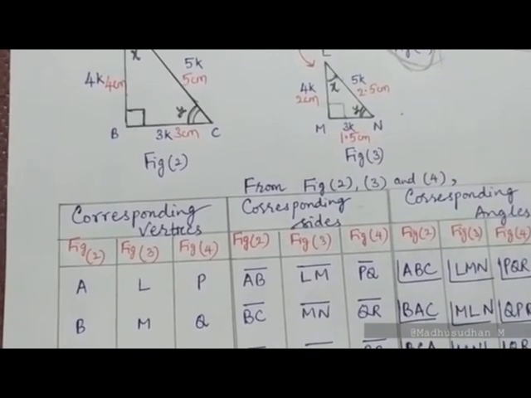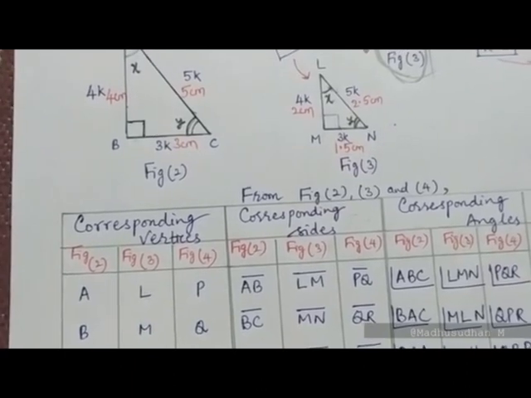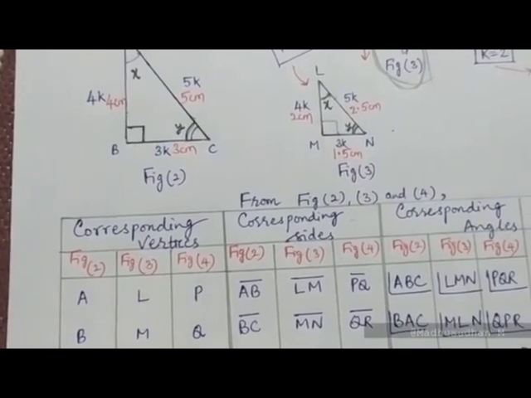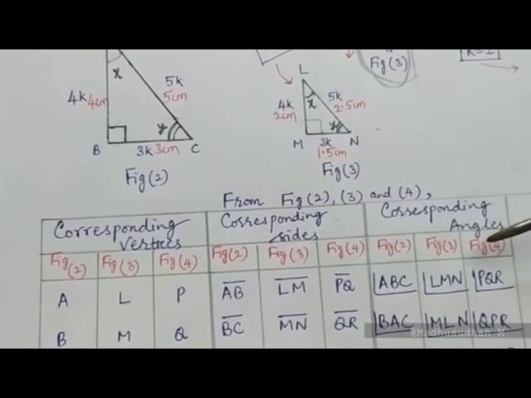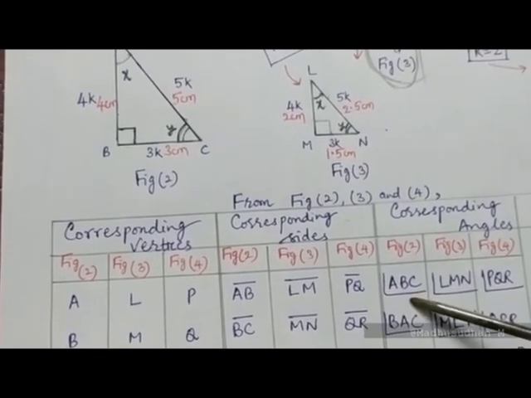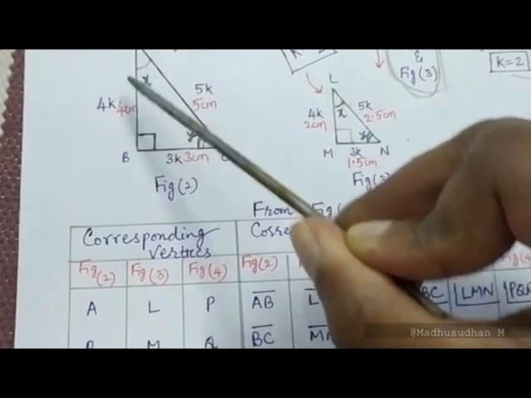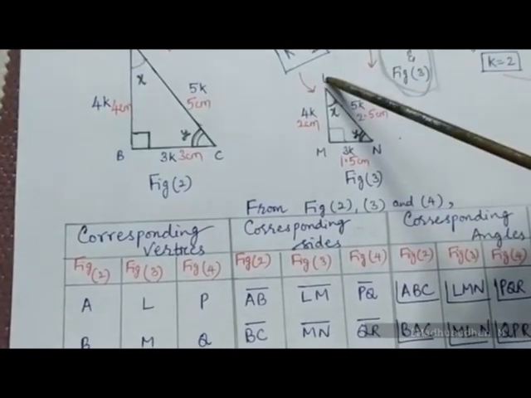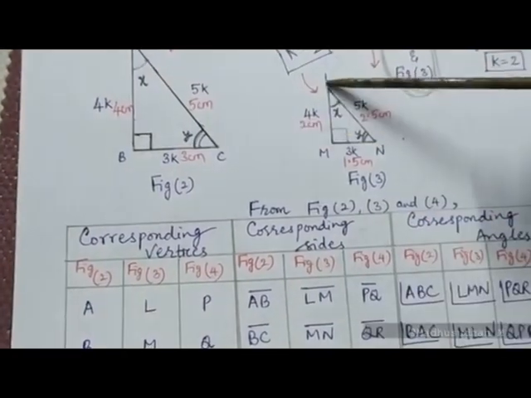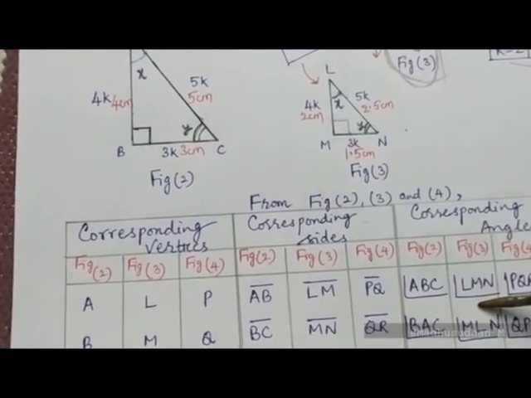So when we observe figure 2 and figure 3, the columns here, we can find that those respective sides are corresponding to each other. In the same way, the corresponding angles from figure 2 and figure 3: angle ABC, which is exactly equal to 90 degrees in figure 2, from A to B, from B to C, corresponds to L to M, from M to N. Therefore, angle ABC and LMN are the corresponding angles in figures 2 and 3.